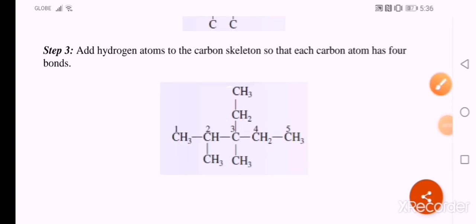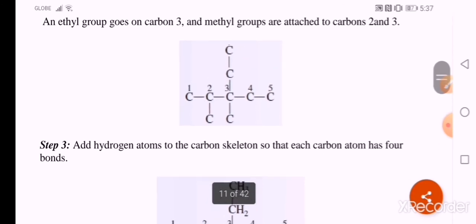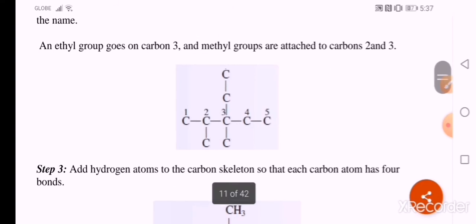So paano natin malalaman kung ilang hydrogen ang ilalagay natin? Kung 3 ba, kung 2 ba, ilalagyan ba natin ng hydrogen? So paano? Balikan natin yung kaninang structure. Okay, sa structure natin sa step 2.